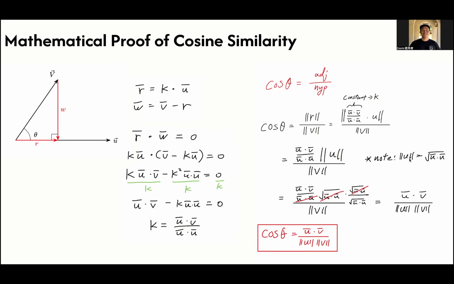We know that the length of u equals the square root of the dot product of u and u. So we do some, again, basic linear algebra, remove terms, and rearrange them. We know this is this. So we can rewrite this formula as cosine theta equals the dot product of u and v divided by the length of u times the length of v.